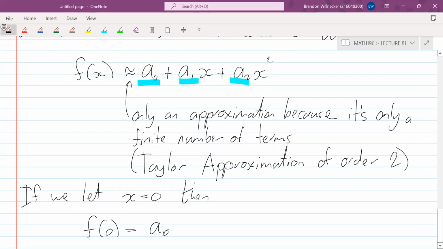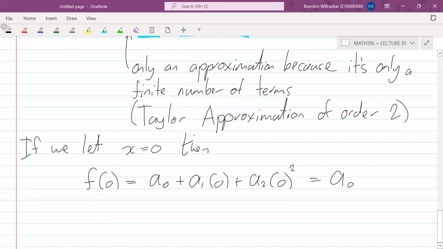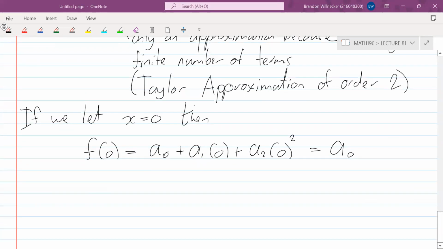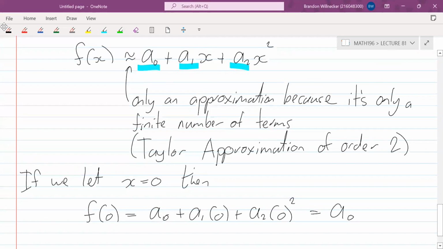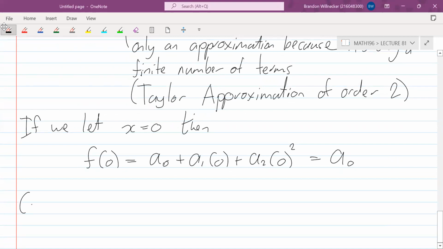So f of 0 is a0 plus a1 times 0 plus a2 times 0 squared. But this just gives us a0. Okay, so that's how we can find a0. If we evaluate f at 0, that gives us our first thing that we're looking for, a0. Okay, what about a1? Well, to find that, let's consider f prime of x.